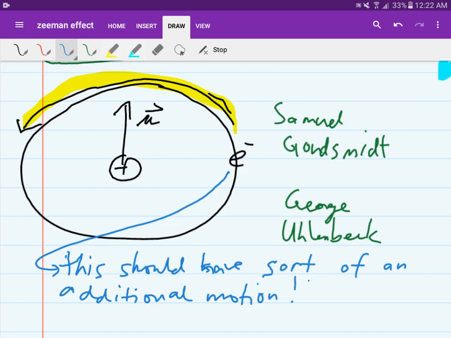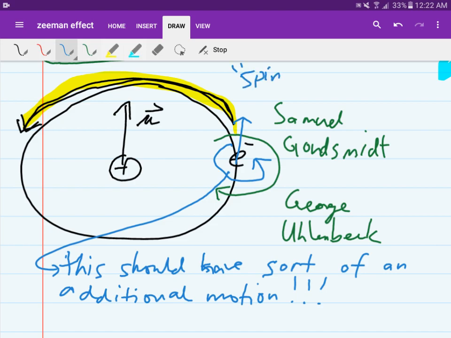So instead of it just moving around in this manner, they said that this electron may actually be moving in this direction or in this direction. They proposed that this electron will have a magnetic moment, or sort of a spin, on its own axis.